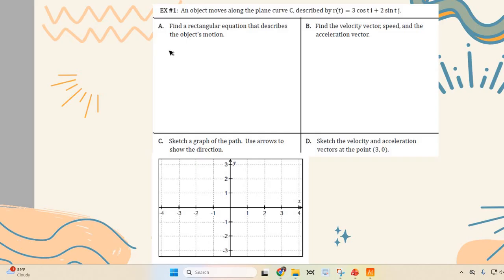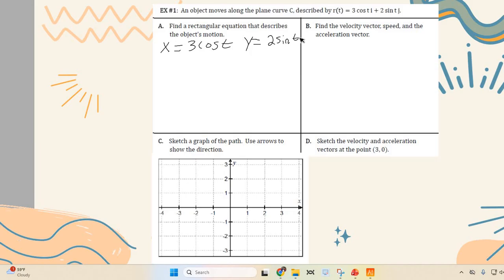So we separate them by saying x equals 3 cosine of t, and y equals 2 sine of t. I'm just breaking them apart into their components, kind of like we did with our parametrics, except with our parametrics, they were given to us in this form. We're just having to switch it to that.